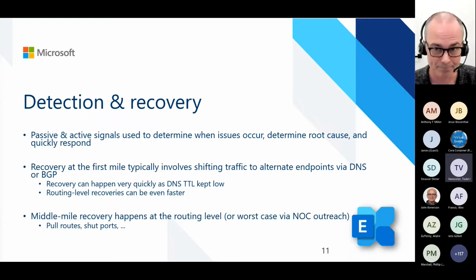So, detection and recovery. This is about Microsoft understanding when things go wrong. Again, everything fails. We just have to deal with that. So we use two forms of signals to understand when things fail: passive and active signals. Active signals are those obvious, ongoing probes.